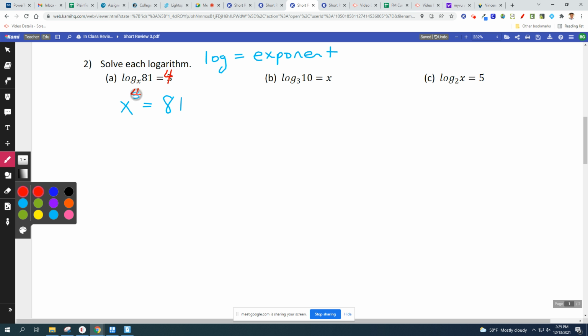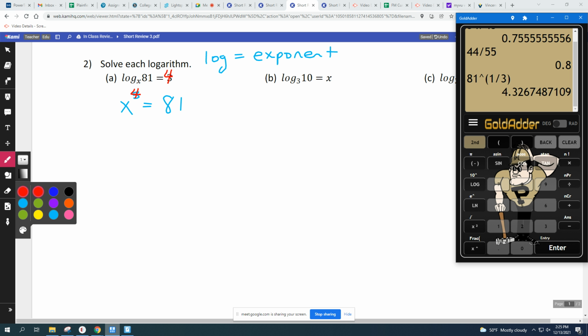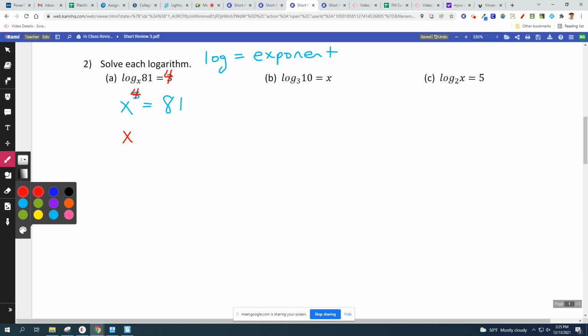So the exponent is 4, and think about what number to the 4th power is equal to 81. That's a much better question. You could say the 4th root is 3. 3 to the 4th power is 81. X equals 3. I like that question better.